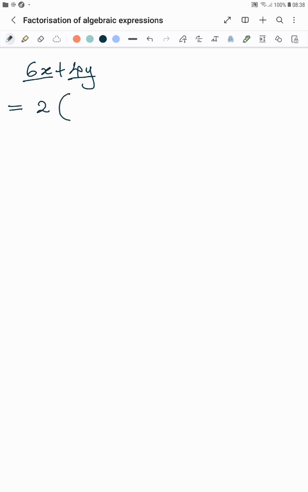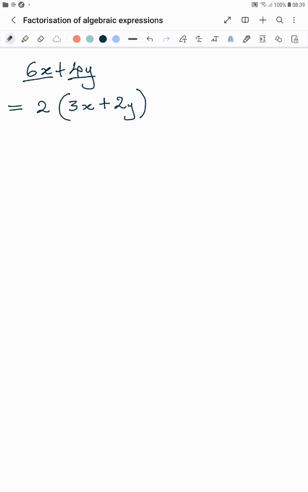It's like you're dividing. So if you divide 6 by 2, you remain with 3. So inside you're going to have 3x. And if you divide 4 by 2, you remain with 2y. So here you would have factorized this algebraic expression.